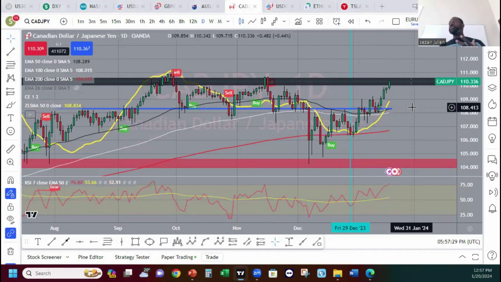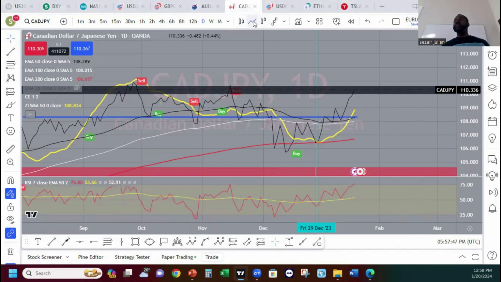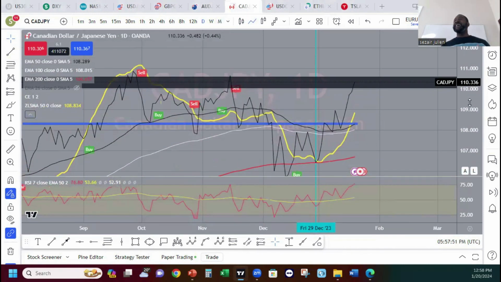And if you are trading that pair, you better see the highest price was here. Now price is back at that level again. This is a candlestick chart for CAD JPY, Canadian dollar versus Japanese yen. Here is the line chart. You can see that's the line chart of CAD JPY. So this is a currency pair.